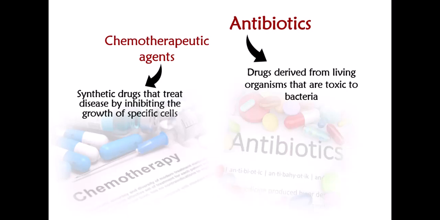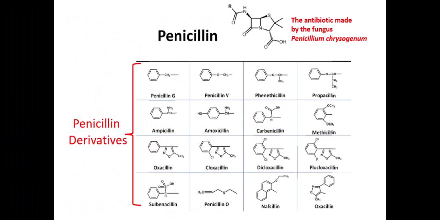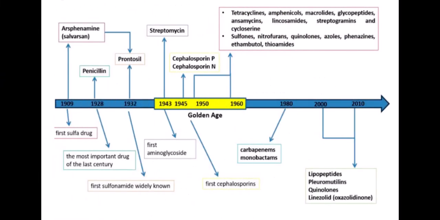The distinction between chemotherapy agents and antibiotics, those terms, has become blurred because many of our newer antibiotics are actually chemically modified biological products or even chemically synthesized biological products. The discovery of penicillin started the golden age of antibiotic discovery, which peaked in the 1950s. Half of the most commonly used antibiotics today were discovered between 1950 and 1960.